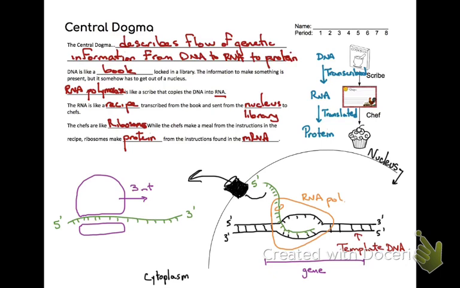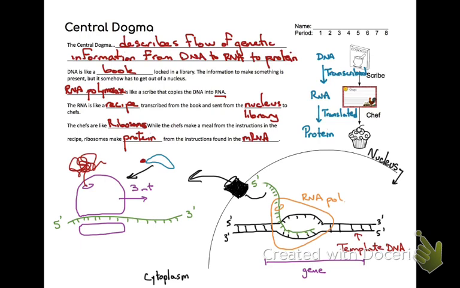But as the ribosome moves down, tRNAs will be bringing amino acids to the ribosome. And as those tRNAs deposit the amino acids from this ribosome here, we will have a growing polypeptide, or protein.